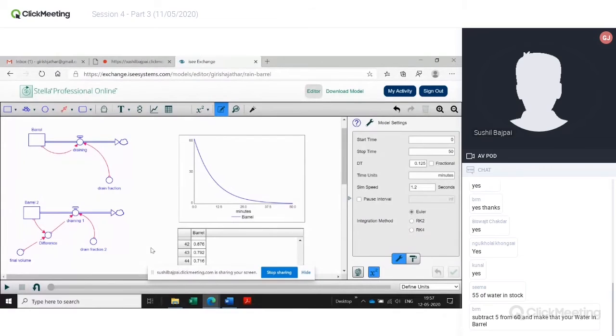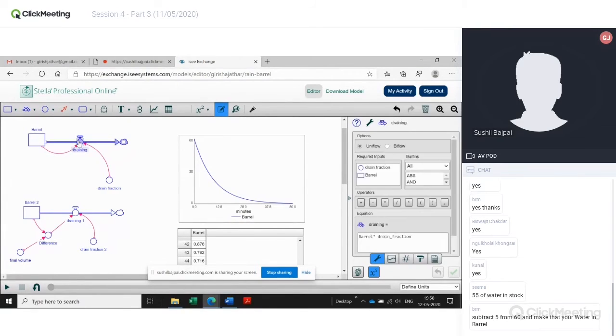So now this equation here, drain 1, is same as the earlier equation draining. When we said draining, if you see in the top diagram, the equation here was amount of water in the barrel multiplied by drain fraction. Now here it will be difference multiplied by drain fraction. That is the new equation here.